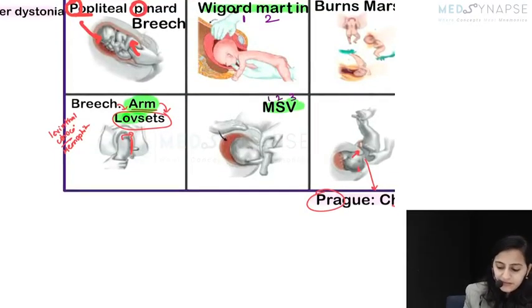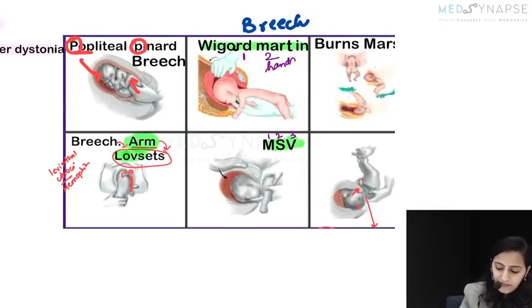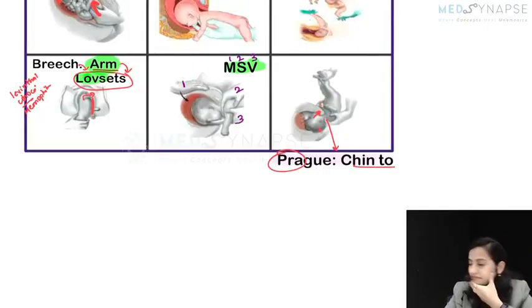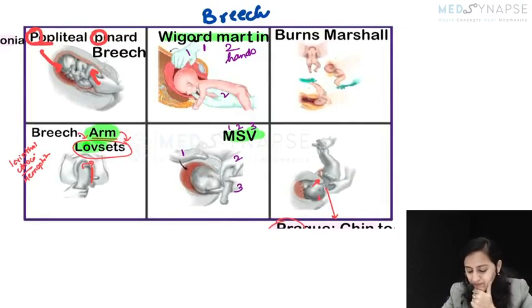MSV is how many? 3. Jitna words, utne haath. So Wigand-Martin, you are seeing one hand and second hand. Here you are seeing how many hands? 1, 2, 3. So Wigand-Martin, 2 words, 2 hands. MSV, 3 words, 3 hands.